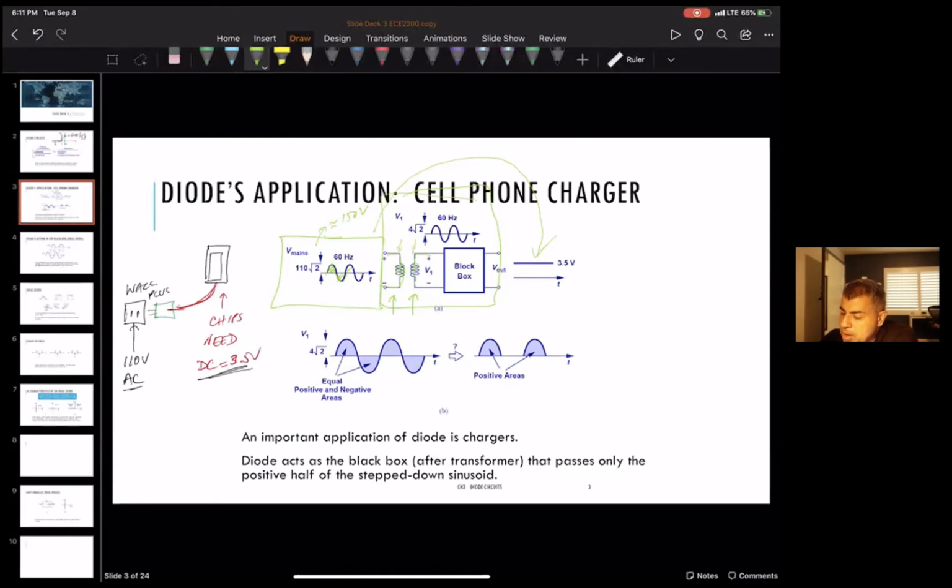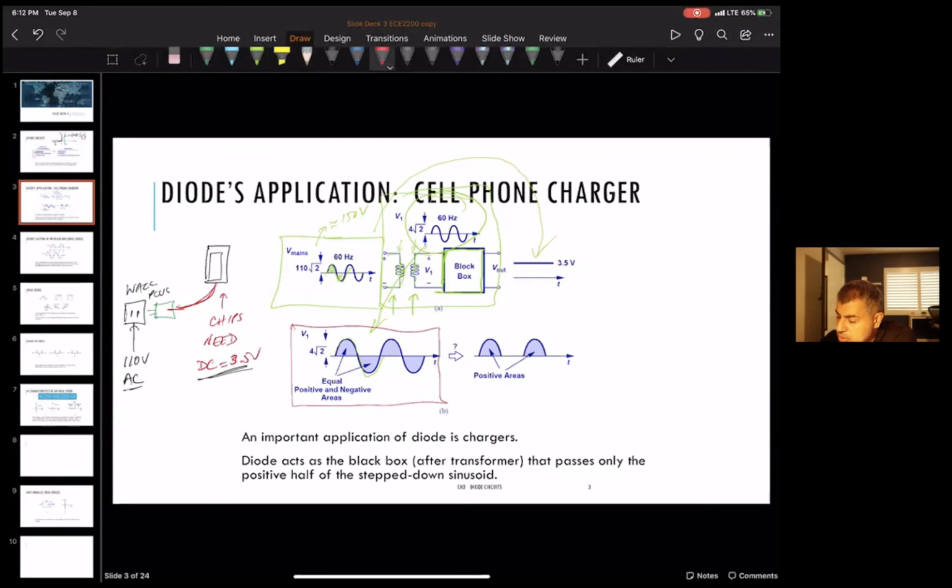But then the problem is still, now we've got the right voltage, but how do we create a DC voltage out of that? We need something to take this voltage here, which is redrawn here, which has equal positive and negative voltages. Because it has equal positive and negative voltages, again, it doesn't have a DC component.